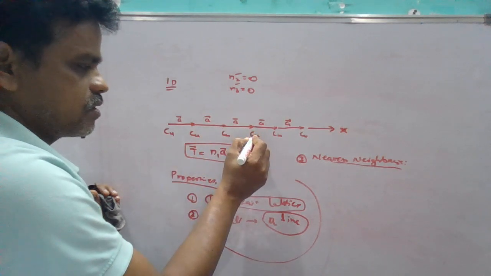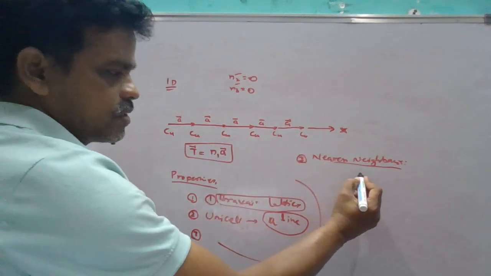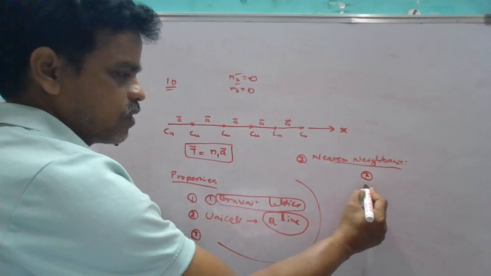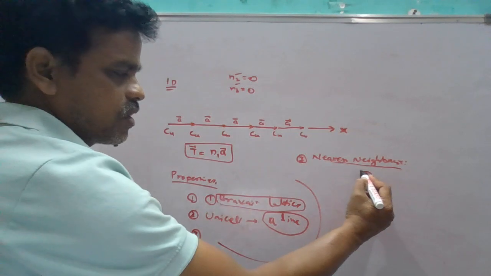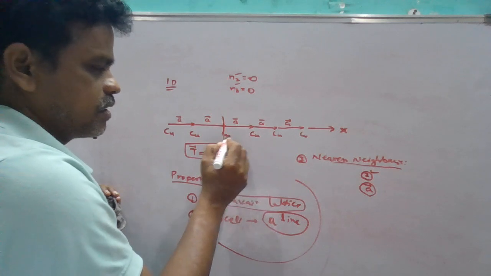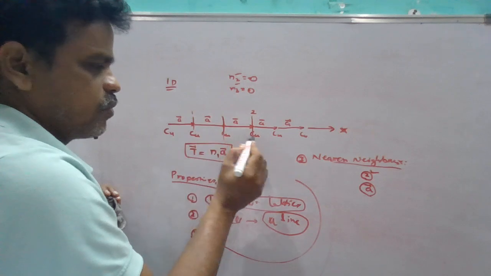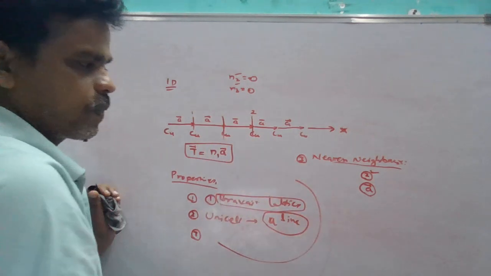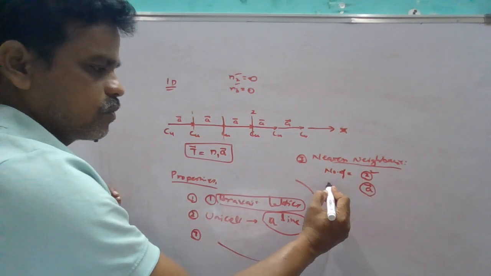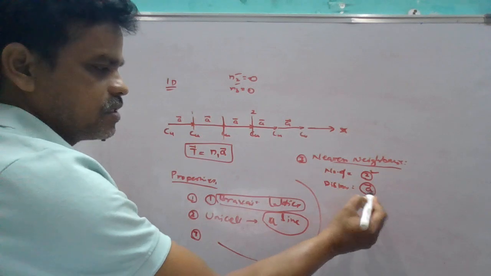Only the nearest atoms on either side, so the number of nearest neighbors is 2. I have taken this one, and its nearest neighbors are 1 and 2. What about the nearest neighbor distance? It is a. The number of nearest neighbors is 2, and the distance of the nearest neighbor is a only.